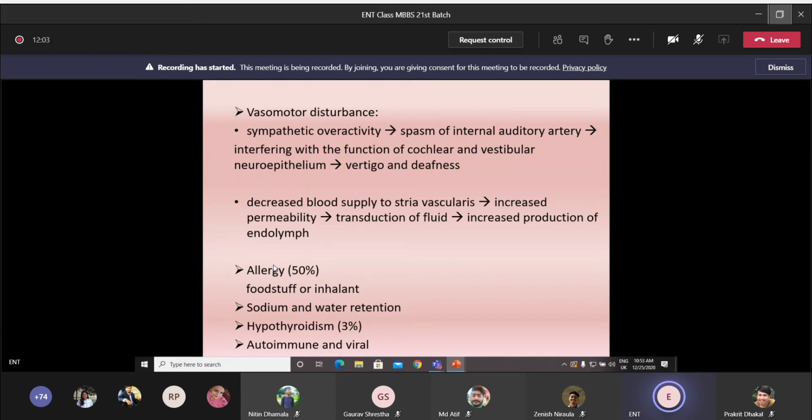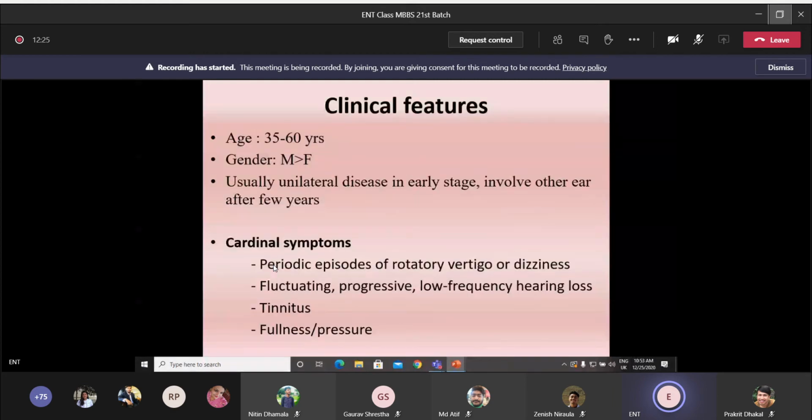Even hypothyroidism leads to endolymphatic hydrops, and around 3% of patients have hypothyroidism. And autoimmune and viral causes are also there. So these are the various theories, or let's say etiology, leading to endolymphatic hydrops or Meniere's disease.